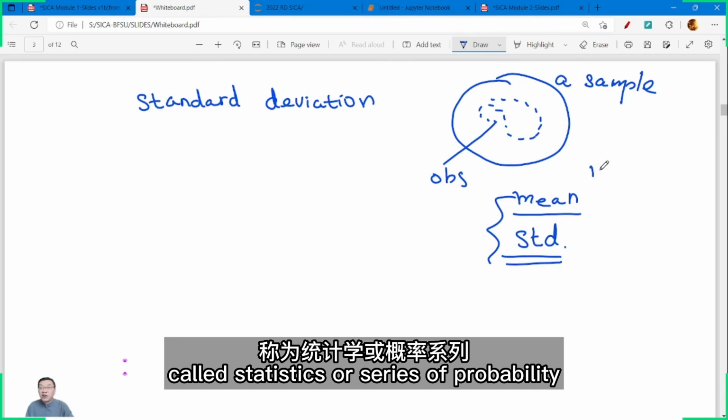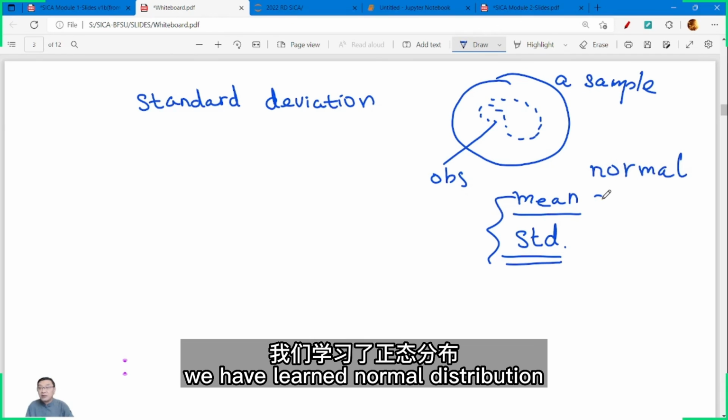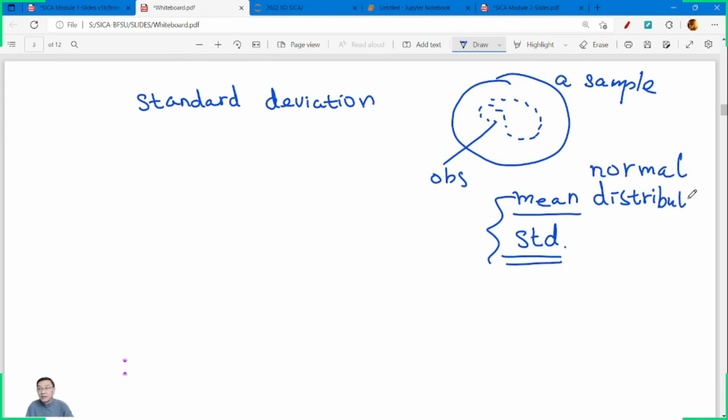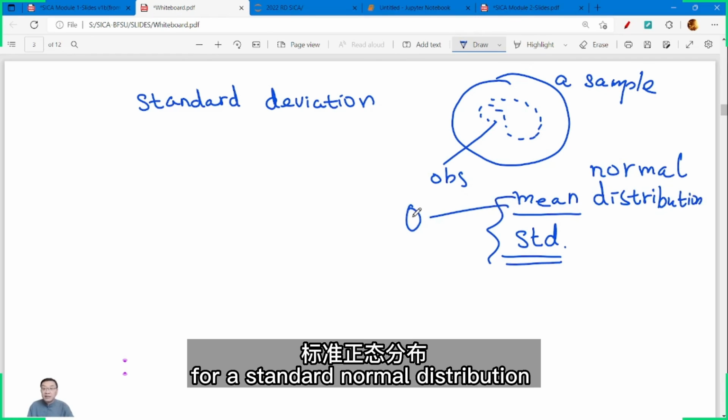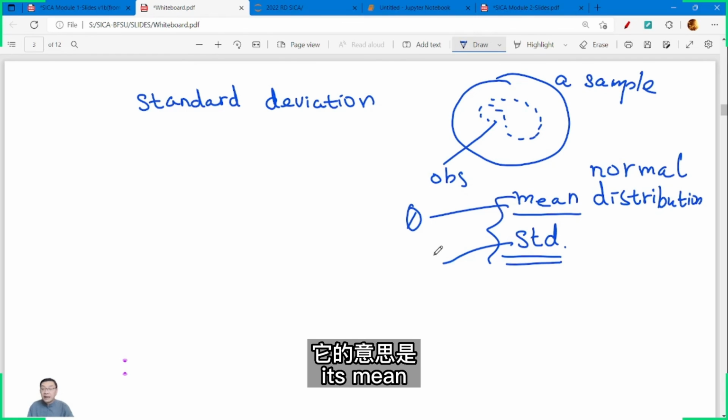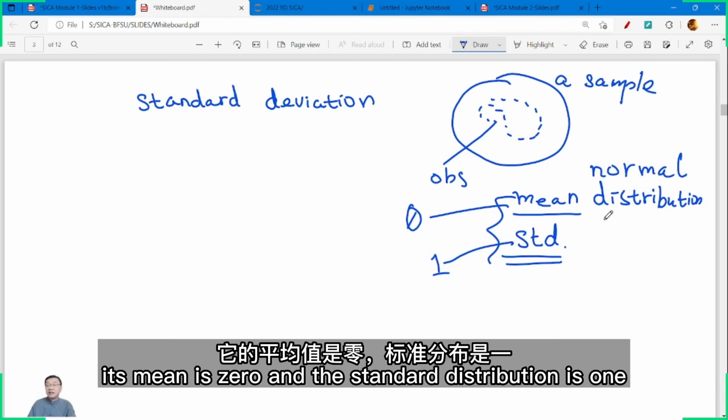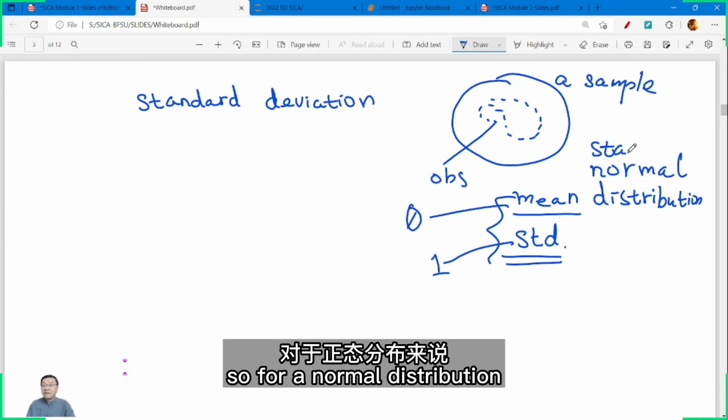where we have learned normal distribution. For a standard normal distribution, what is its mean? Its mean is 0, and its standard deviation is 1, right? Okay, that's a quick review about standard deviation.